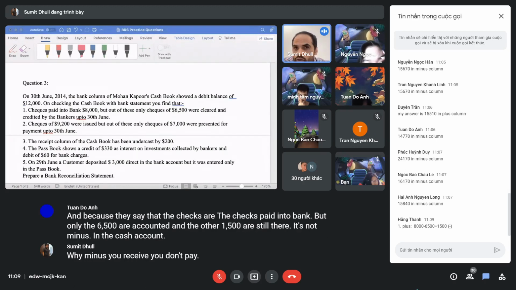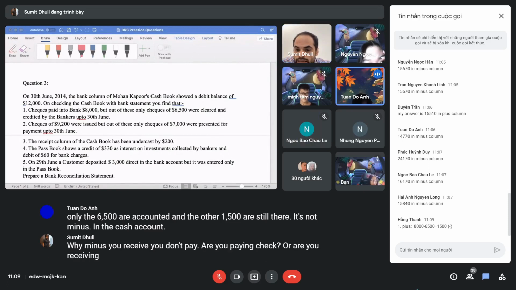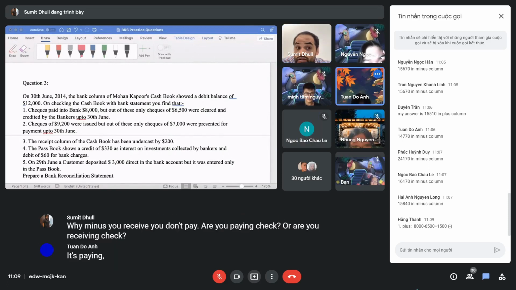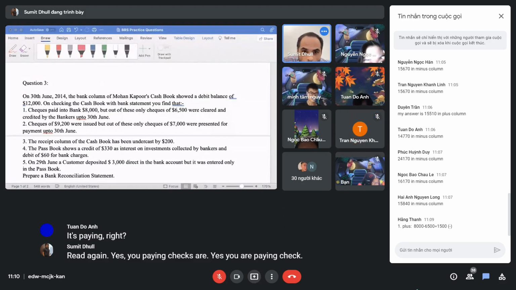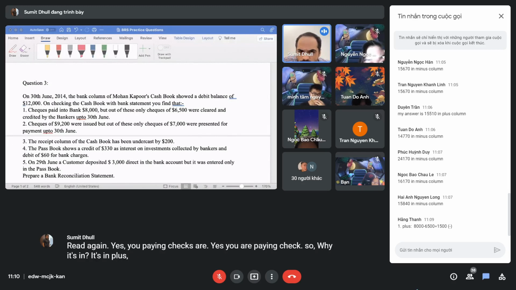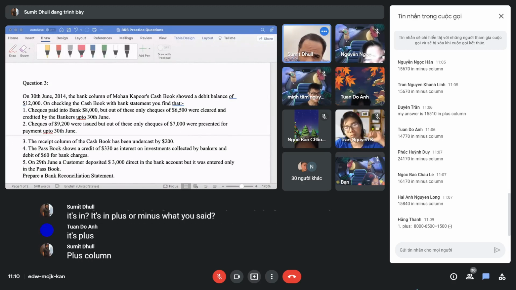Are you paying a check or are you receiving a check? You are paying a check, right? Read again. Yes, you are paying a check. So why is it plus or minus? It's plus. Why plus column?